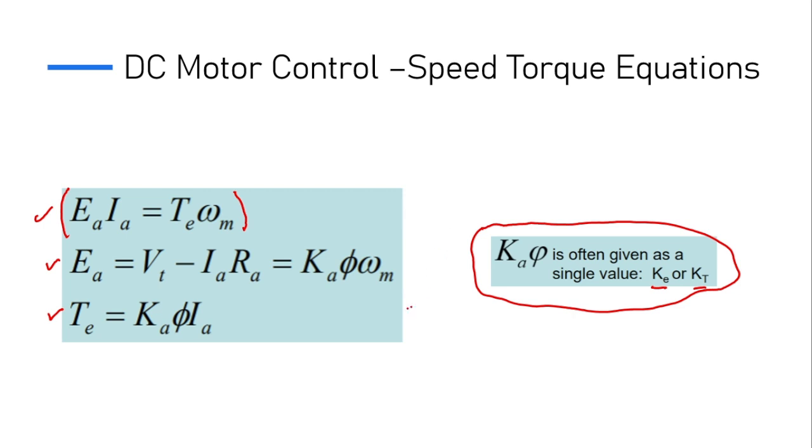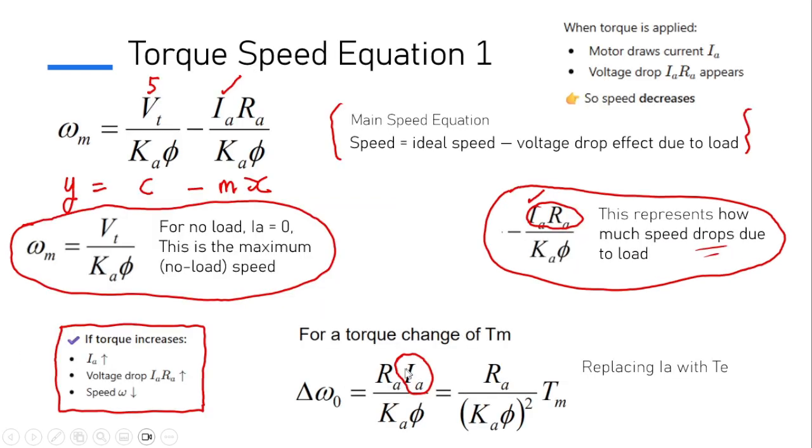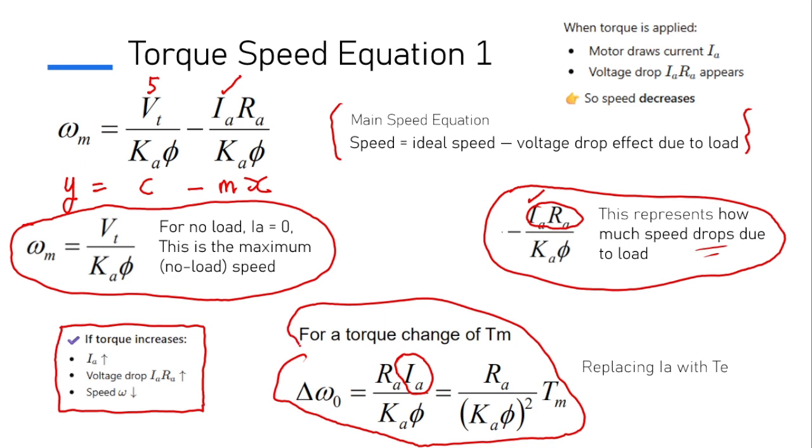So you end up with IA equal to TE on KA phi, and you're basically just replacing that for IA in this equation. When you do that, you end up with this here, and it tells you how the speed changes with respect to changes in the torque. So you call this the torque speed equation. So that's basically what that line is.